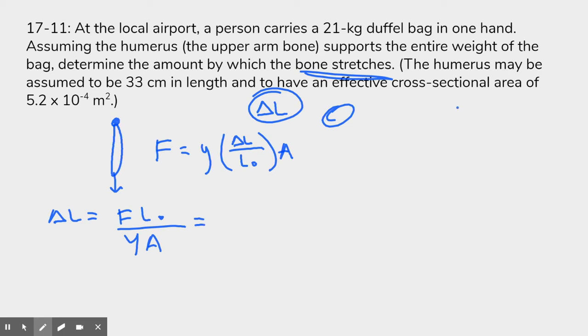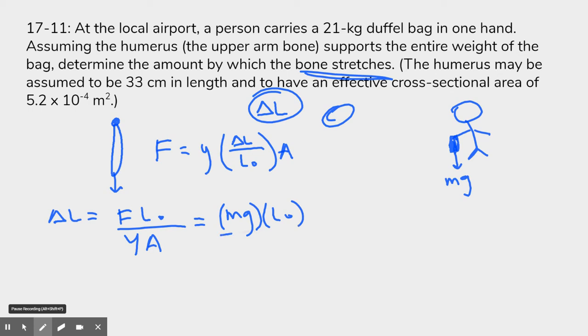The person is carrying the bag in their hand, so the force pulling down on the arm is whatever the weight of this bag is. Remember, weight is mass times gravity, so mg. Let's replace the F with mg, and we get mg multiplied by the initial length divided by Young's modulus times the area.